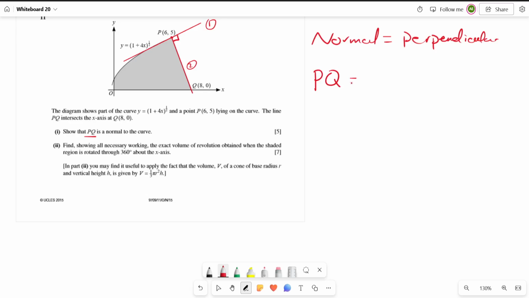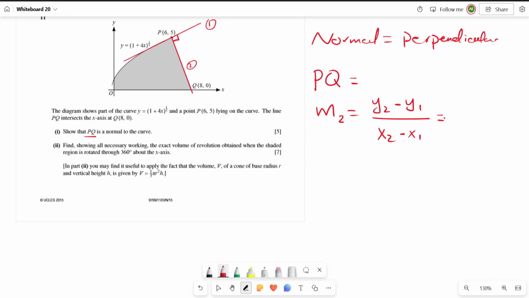The line PQ will have a slope, let's call it m2 for line 2. The slope formula goes like this: you need two points and you do y2 minus y1 over x2 minus x1.